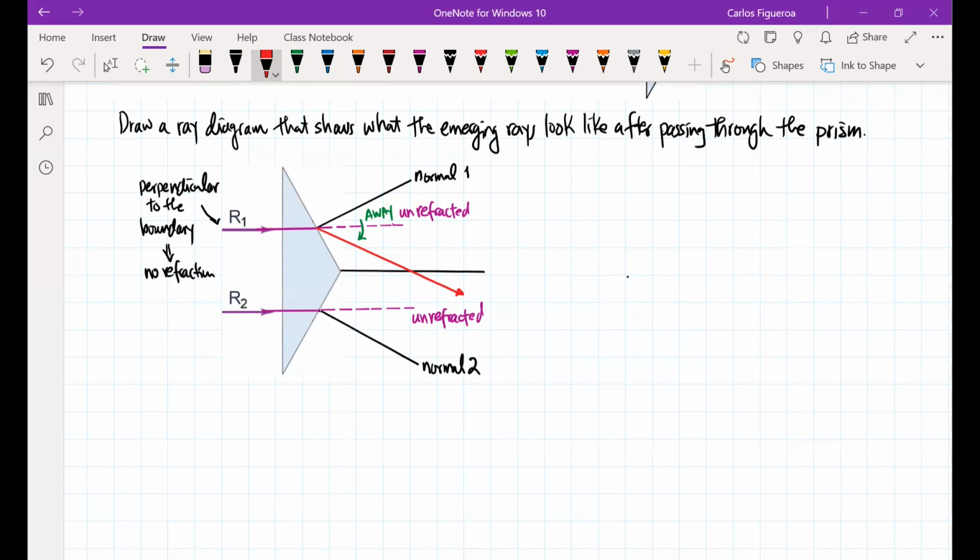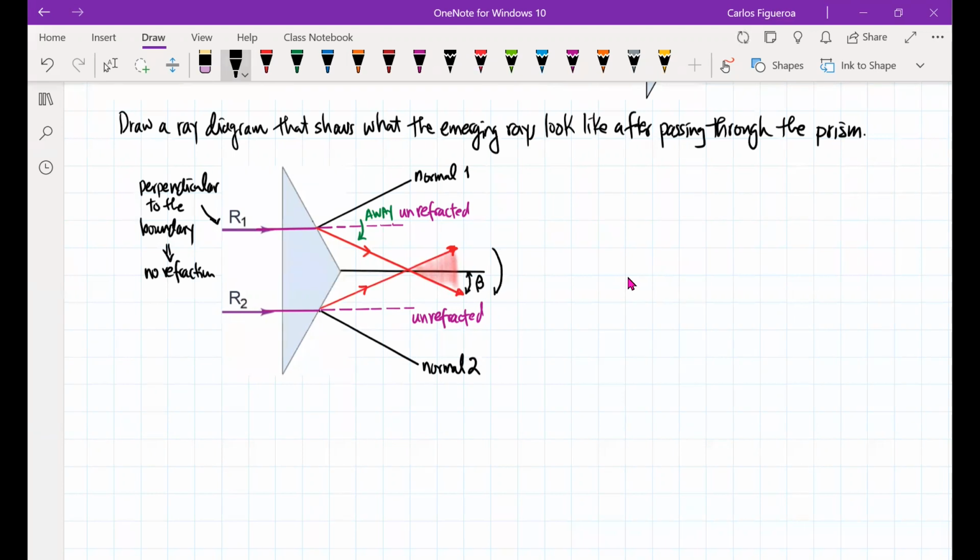Now, because these are symmetric, they're going to cross the line at some point in the middle. What we're looking for is this angle right here. The one I'm going to focus on is this one. This angle I'm going to call beta.